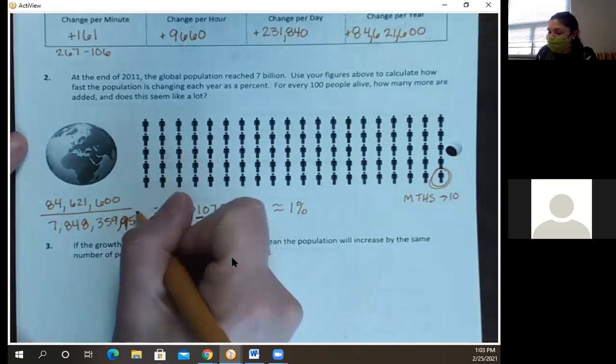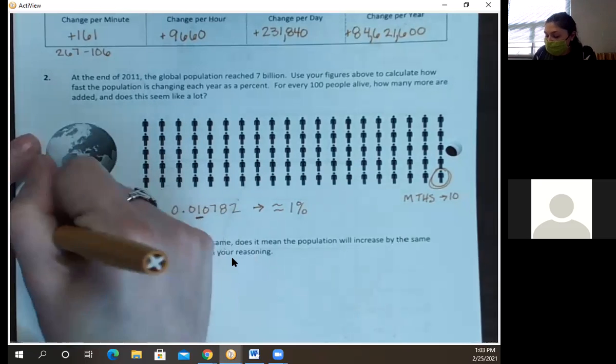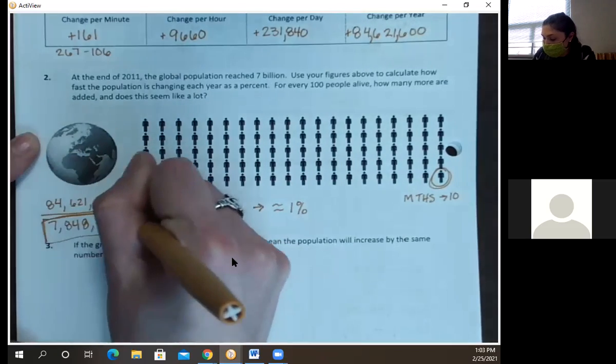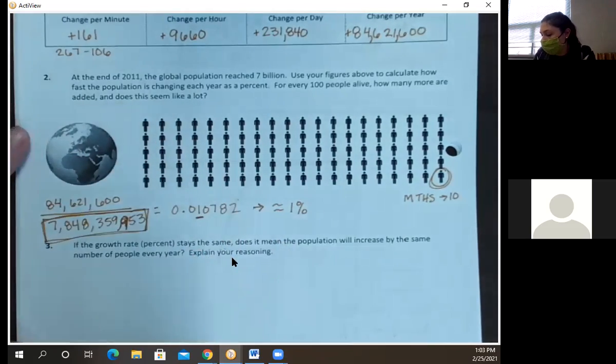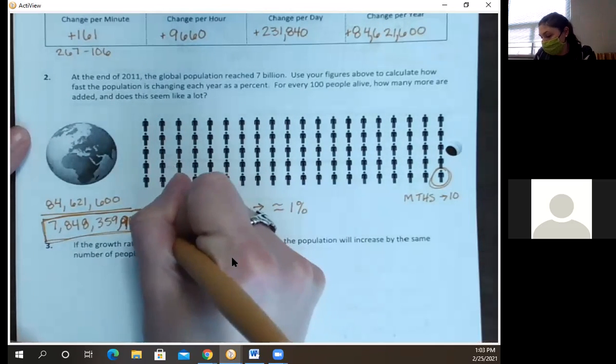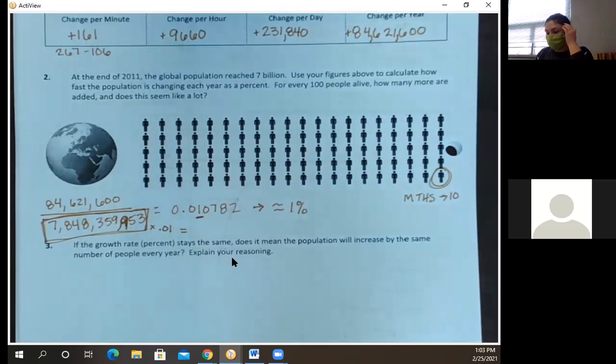But let's then scale it back up to talk about our whole world population. So I want you right now on your calculator to take our world population, and I want you to find 1%. So multiply by 0.01. I want you to find 1% of our world population.